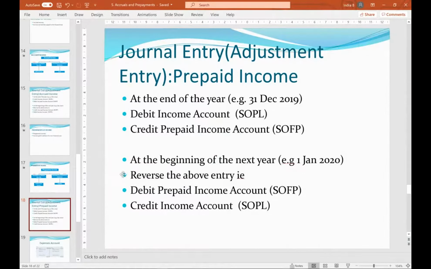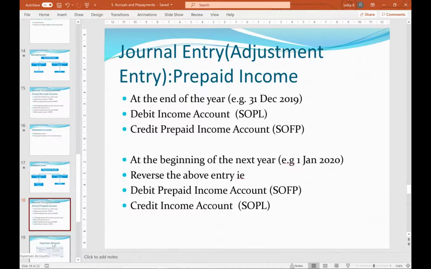So in the exam, you may be asked about the journal entries, any of these. Other questions may come to calculate the amount. They'll give you some basis and say, find out how much will be the accrued amount or how much will be the prepaid amount.